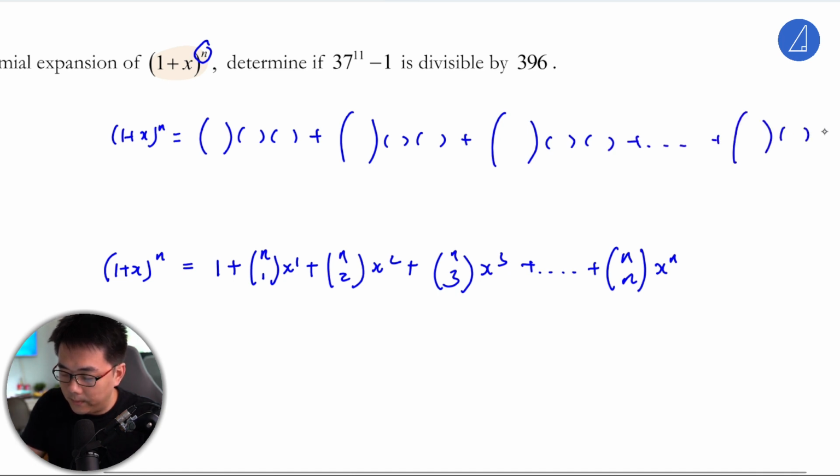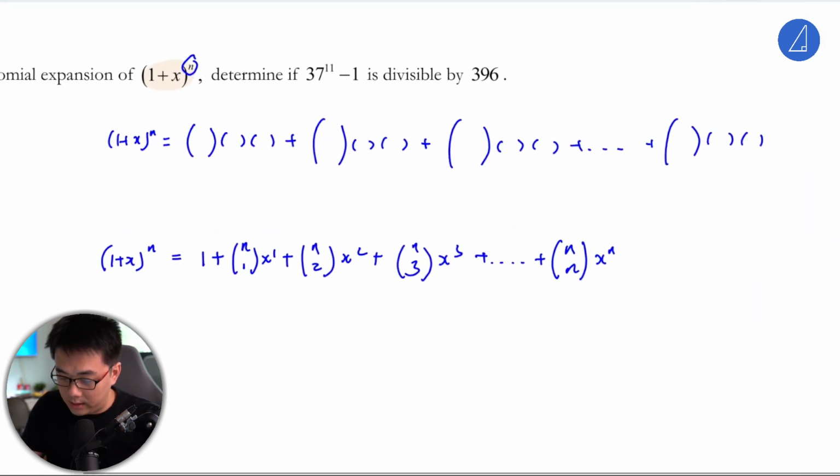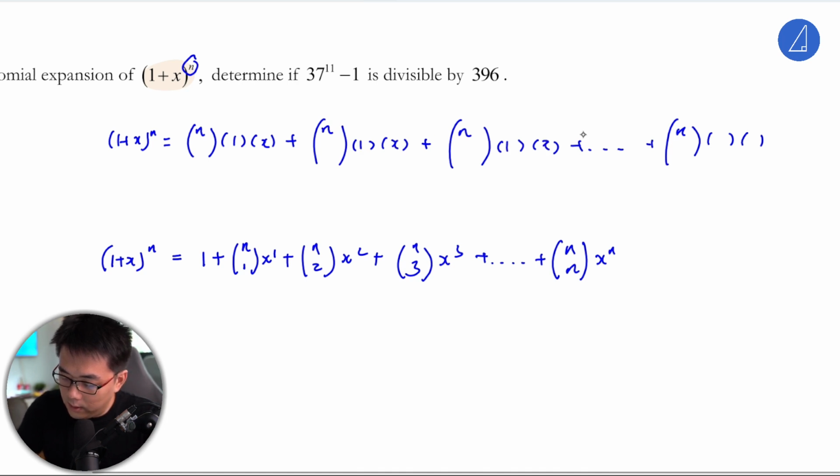What we need here is n, and then this is 1 and x, 1 and x, 1 and x. When we expand this, we start with 0, always start counting from 0 all the way to n. So we ascend the power of this one and end with this, but the power of the other one will be descending.